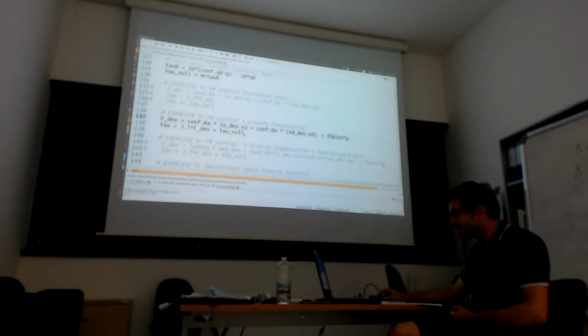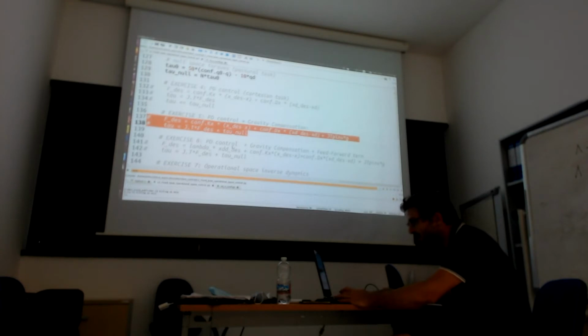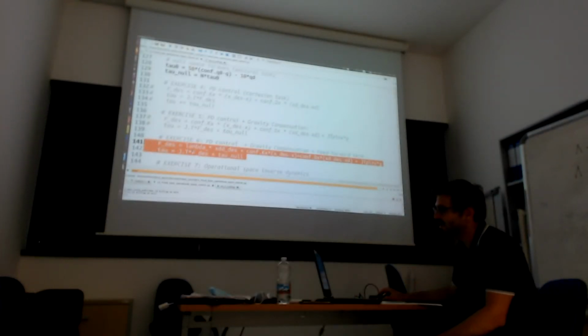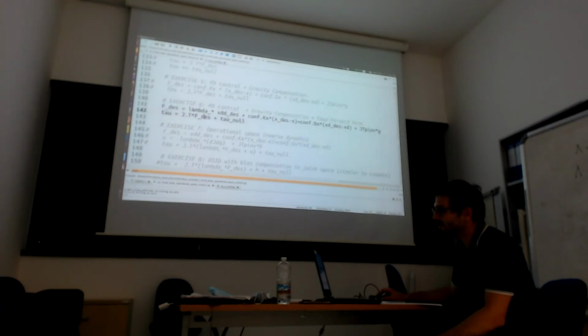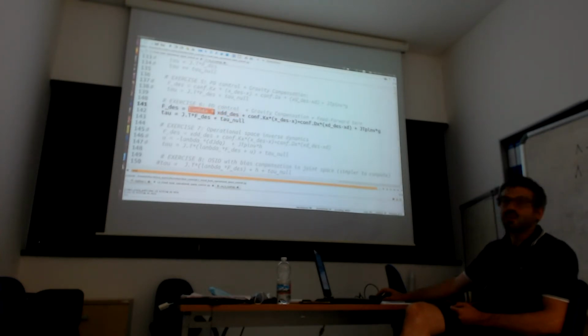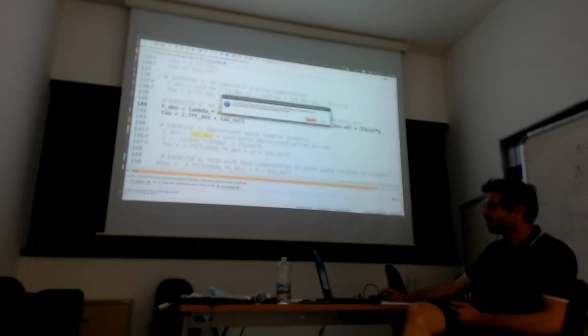So we try to add a feed-forward term to see if this transient tracking improves, and we add especially the desired acceleration times the operational space inertia as a feed-forward term to this desired virtual force.